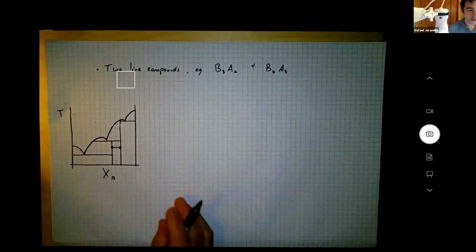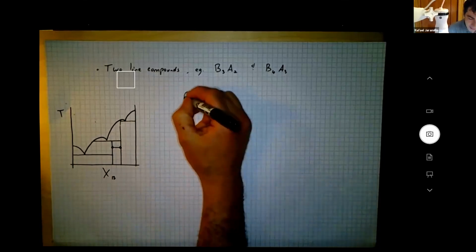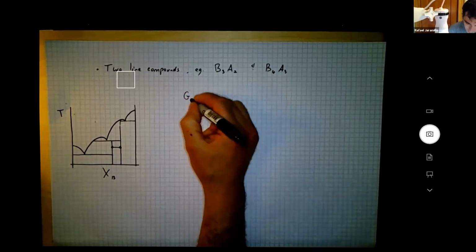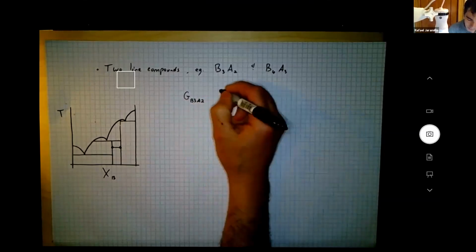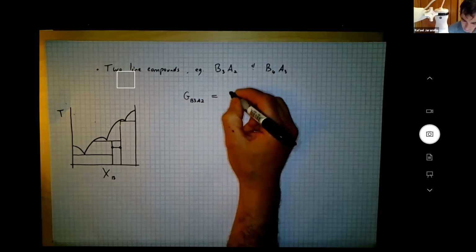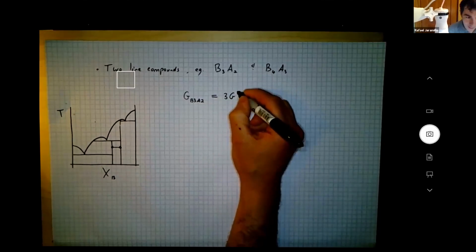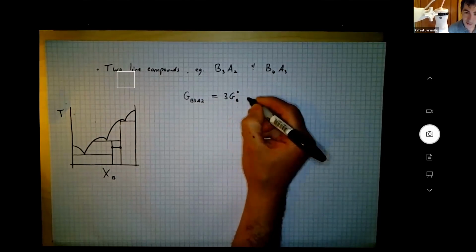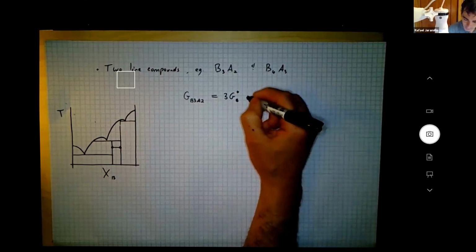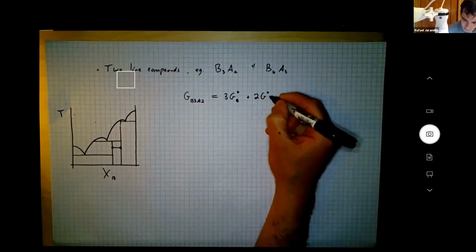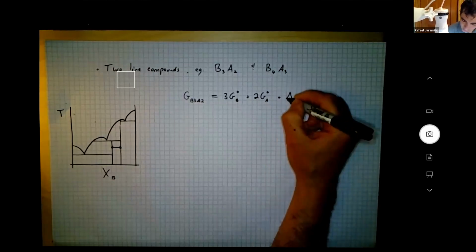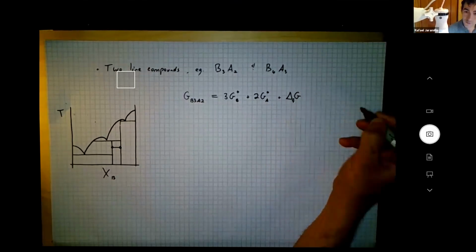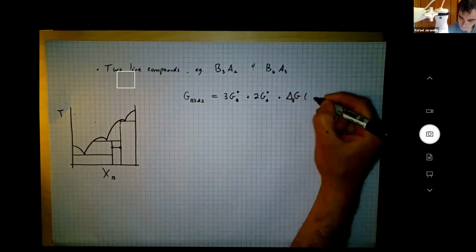So let's see. The Gibbs free energy of B3A2, one mole of that, is 3 times the Gibbs free energy of B in its reference state, plus 2 times the Gibbs free energy of A in its reference state, plus delta G formation of B3A2.